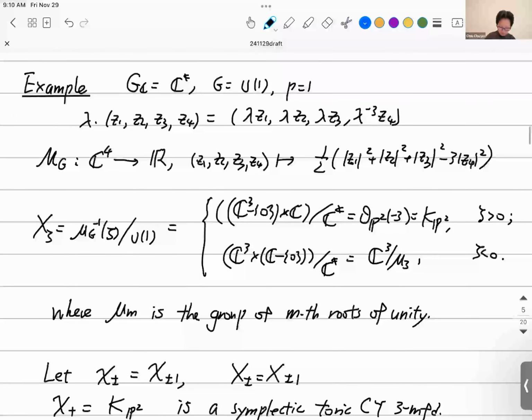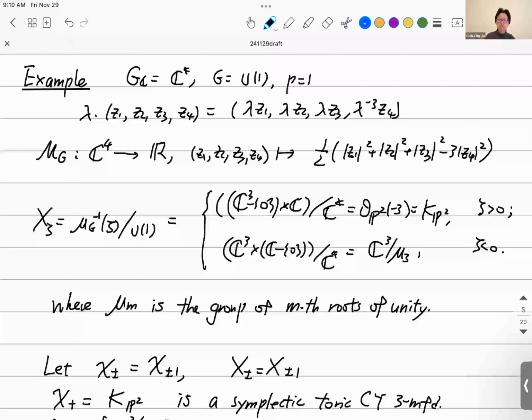Maybe let me do a very simple example. Suppose that G_C is just one-dimensional C star. The maximal compact group is just a circle U(1). So this is p equal to 1, and the action is given explicitly.